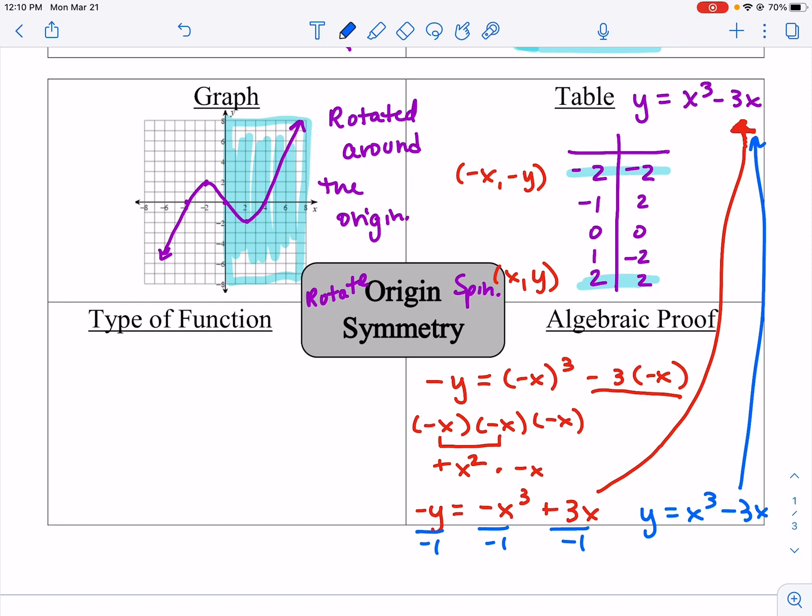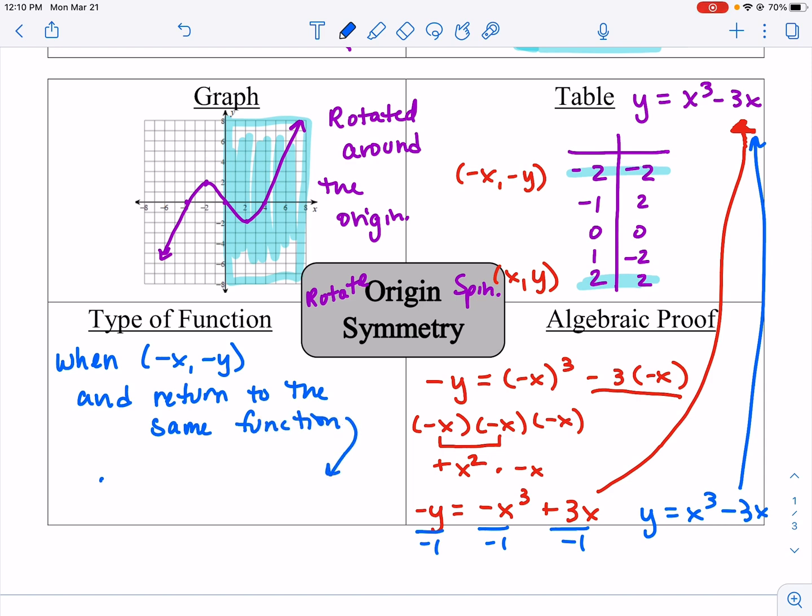So the proof is that when we plug in -x and -y and return to the same function, this supplies the proof that this is known as an odd function. So it has origin symmetry, it spins, and it's known as an odd function, which makes sense.